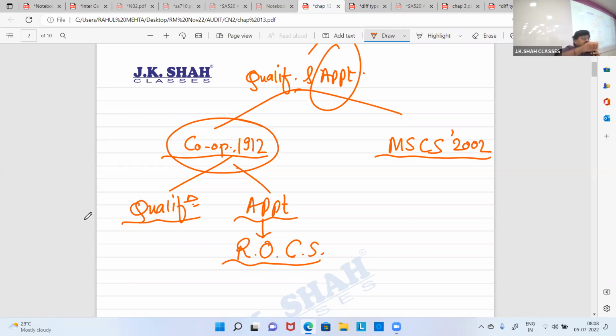Now, once the auditor does an audit, he will have to submit the report, no? He will submit the report to whom? ROCS, and to the society. Exactly. And will he be paid fees? Yes. Who will pay fees? Society. But decided by whom? ROCS. Correct. And that depends upon the level of the society, so it varies from society to society.